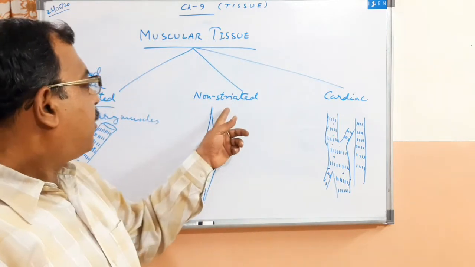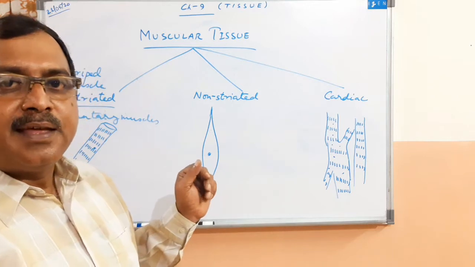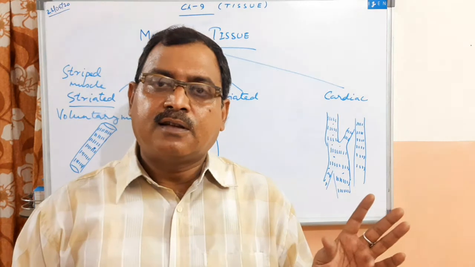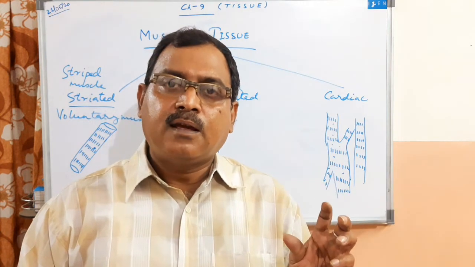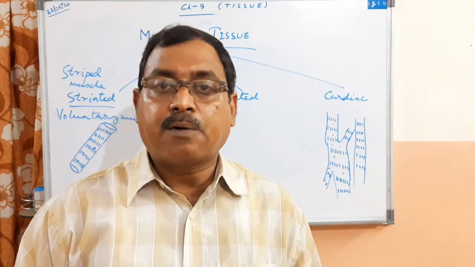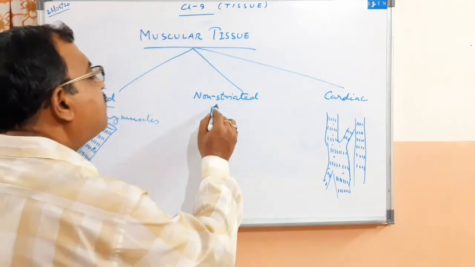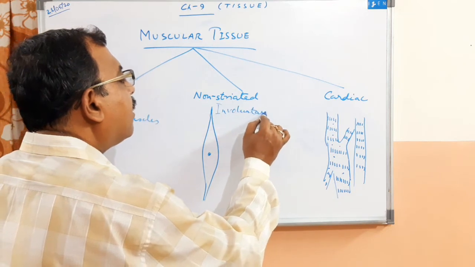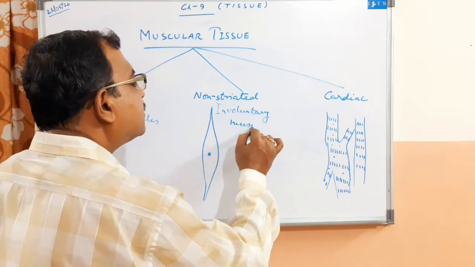Whereas non-striated muscles cannot be made to act as per our own will or wish. Hence they are also called involuntary muscles.